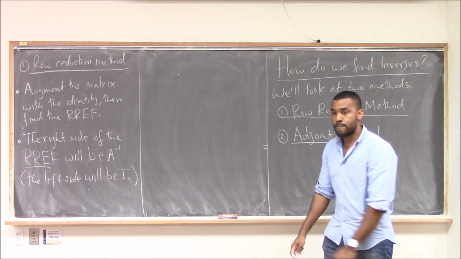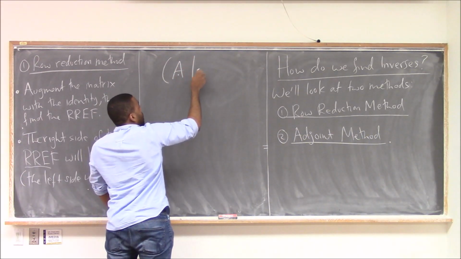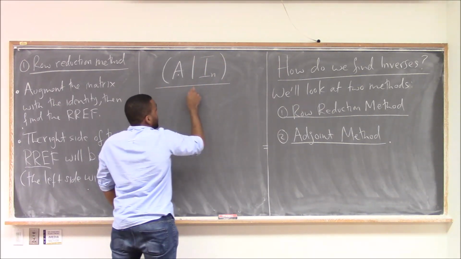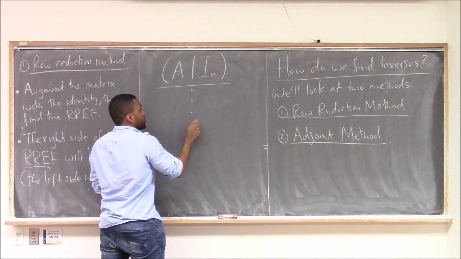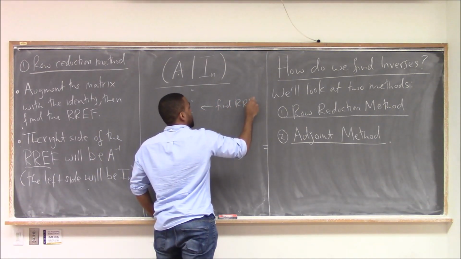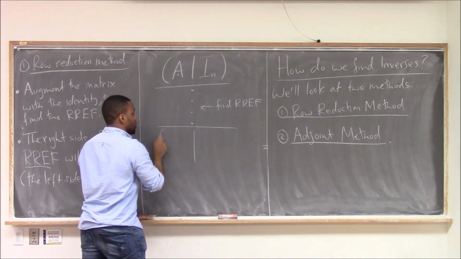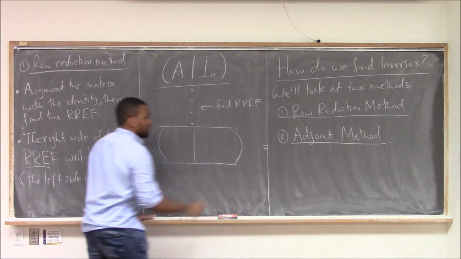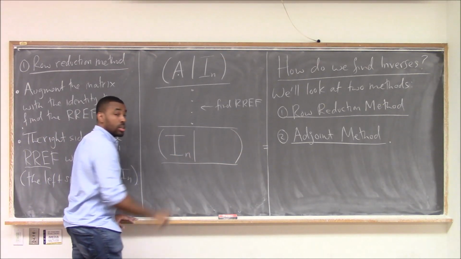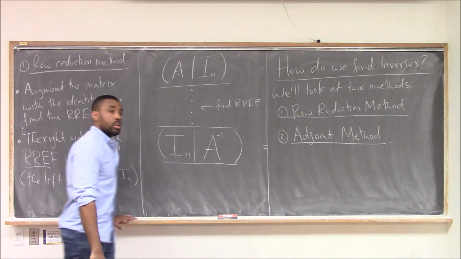That's very important. So that is, if you start with A on the left, augmented with the identity, and then you do a bunch of row operations to find the reduced row echelon form, the reduced row echelon form will always have this form. The identity will end up on the left side, and the guy that you have on the right side of the bar will be the inverse.